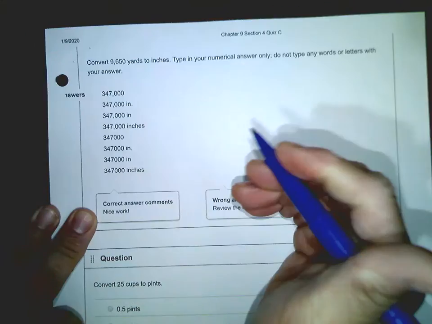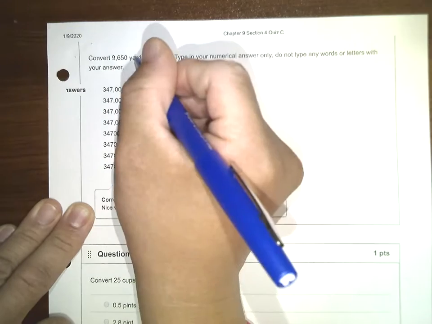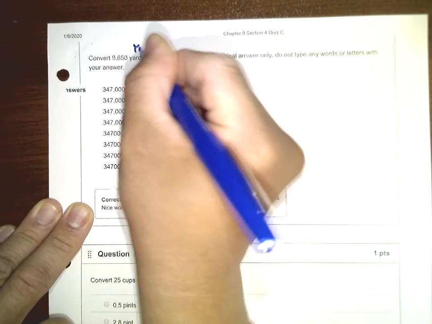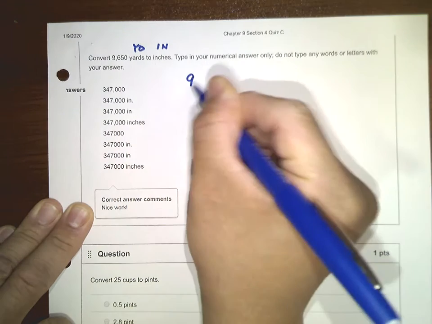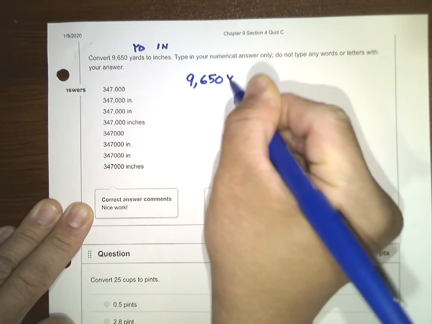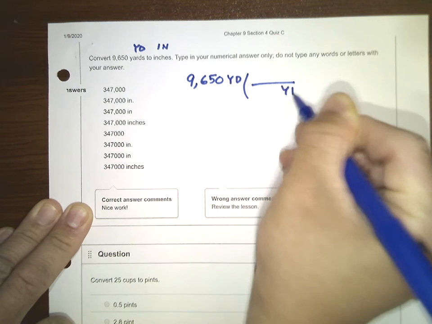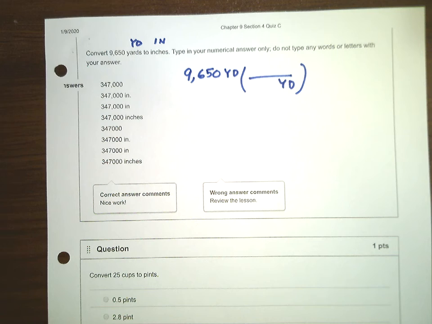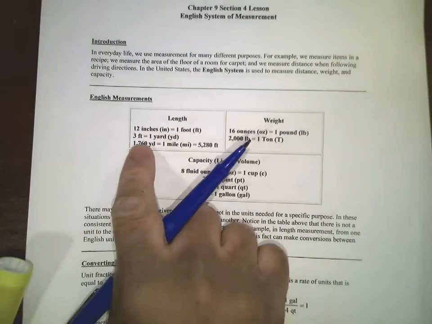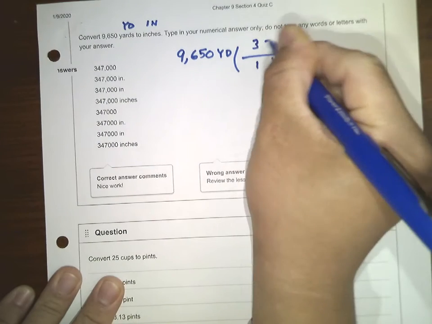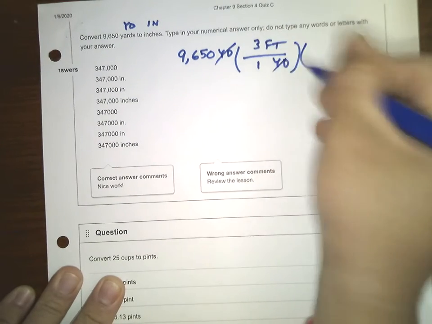Let's try another one here. So we have, let's see, 9,650 yards to inches. So 9,650 yards, and I want to cancel out yards or divide out yards. So I see that there are 3 feet in 1 yard, so 1 yard, 3 feet, so the yards divide out.